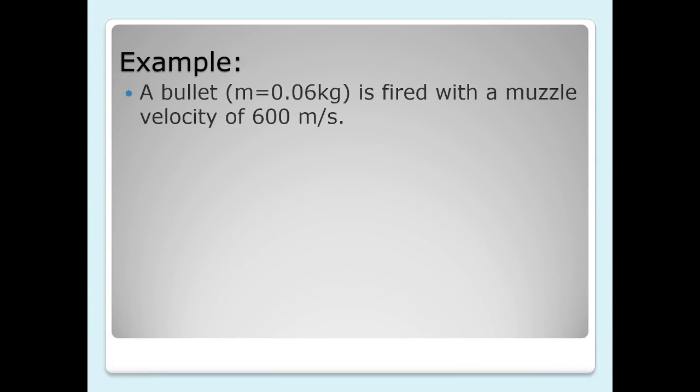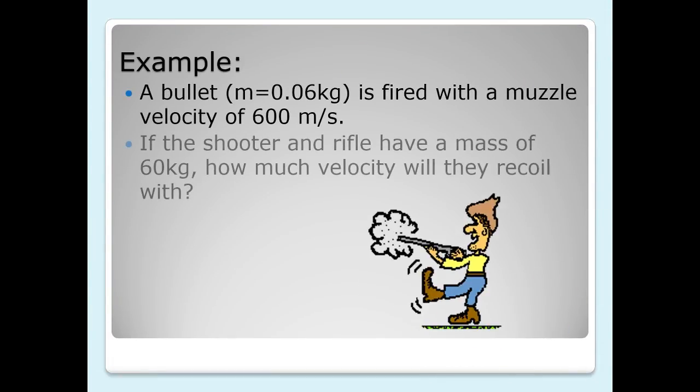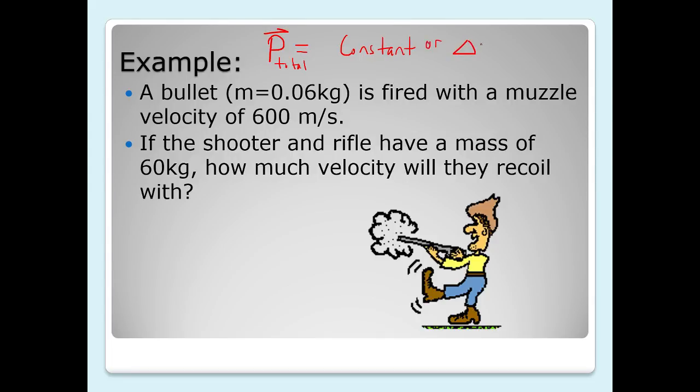Let's say we have a bullet. We fire it. It has a muzzle velocity of 600 meters per second. The shooter and the rifle have a mass of 60 kilograms. How much velocity will they recoil with? Well, remembering that our total momentum is constant, or we consider that the change in momentum is equal to zero.